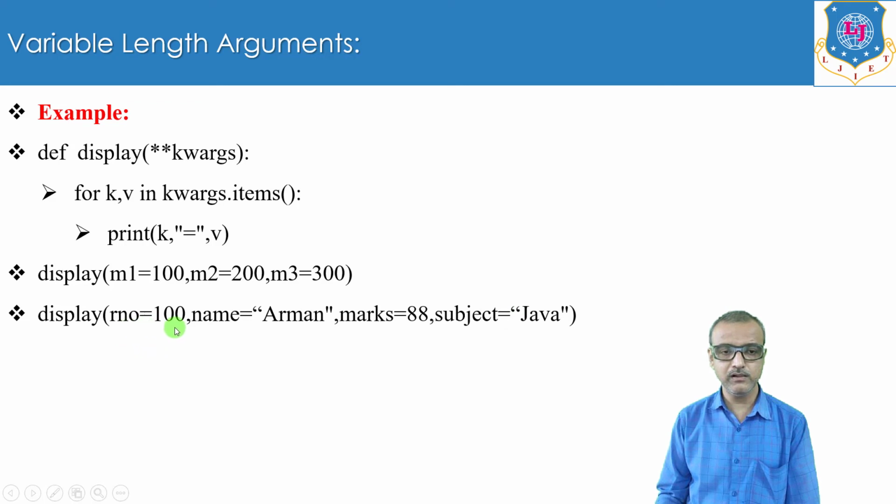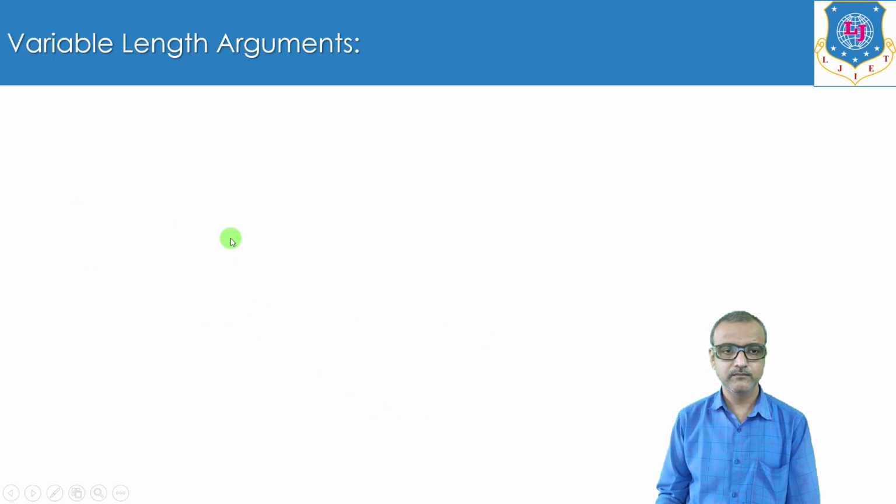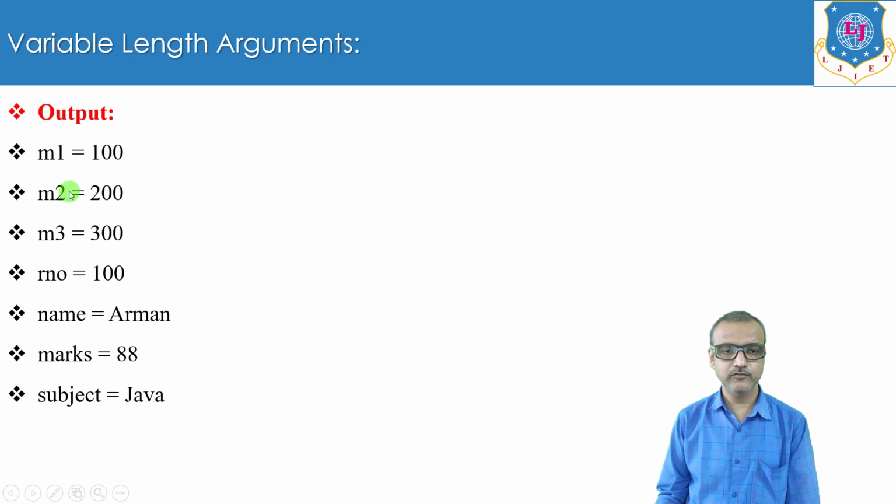It will print all the keyword arguments given over here: roll number equals 100, name equals Arman, marks equals 88, subject equals Java. See, this is the output. This is the output of the first display function, and this one is the output of the second display function.